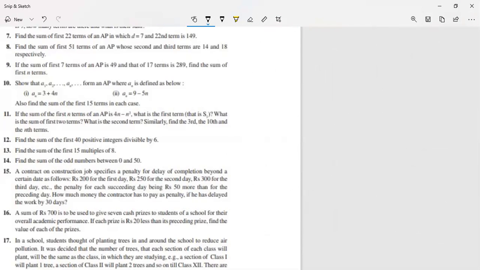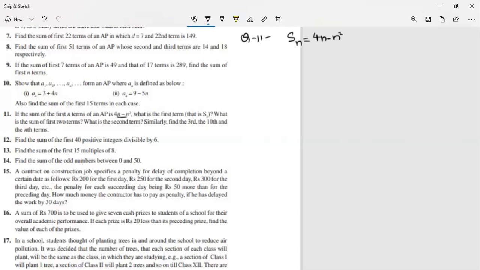The sum of first n terms is 4n minus n square. Now we have to use either one formula or I'll tell you. Let me write the given conditions: Sn is equal to 4n minus n square.